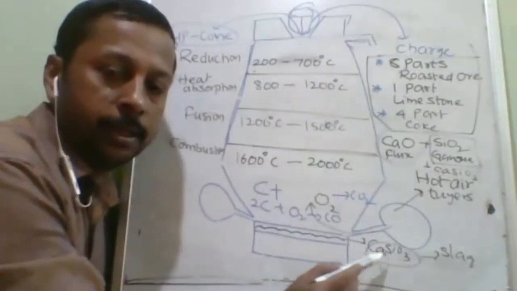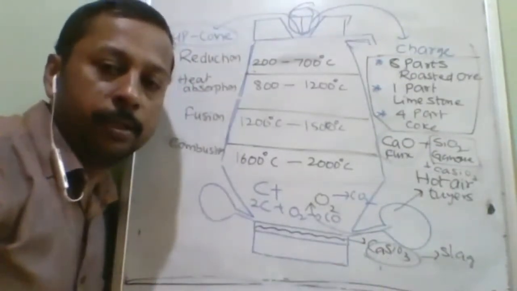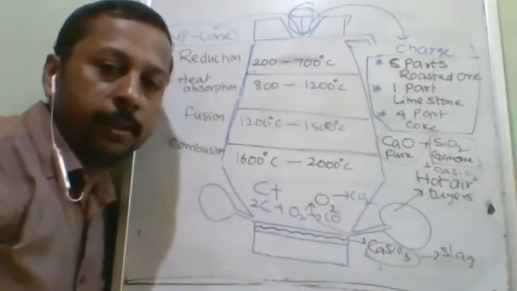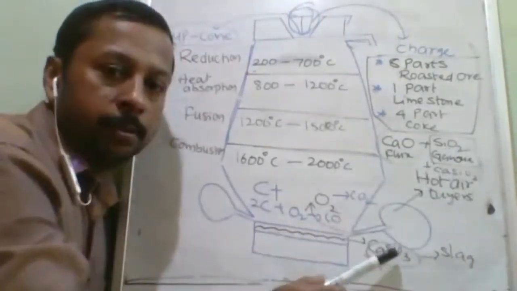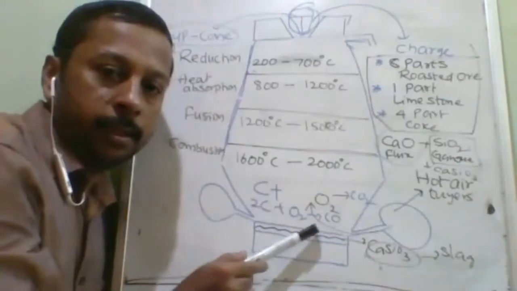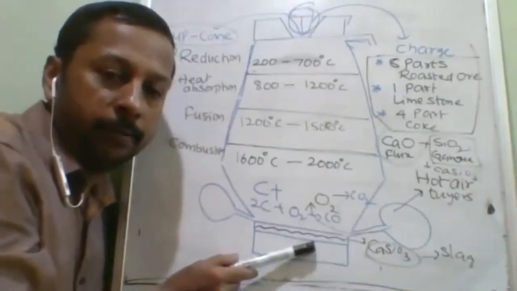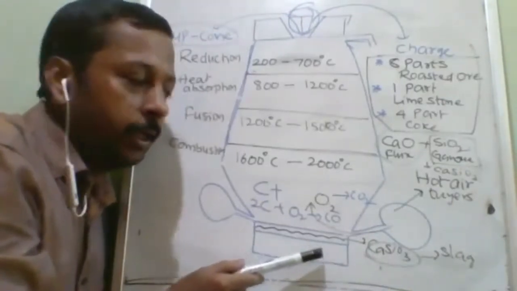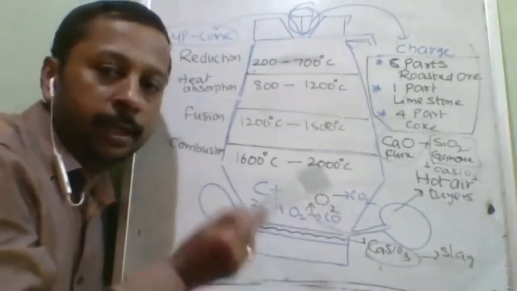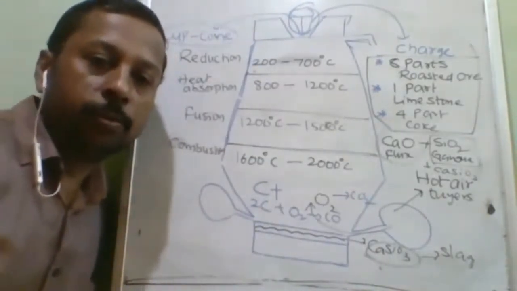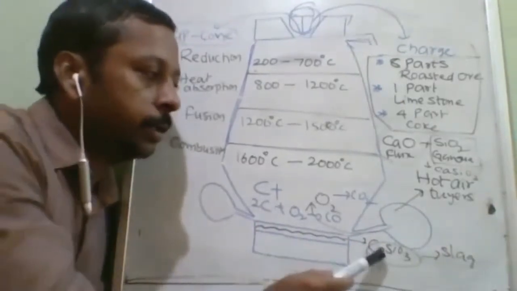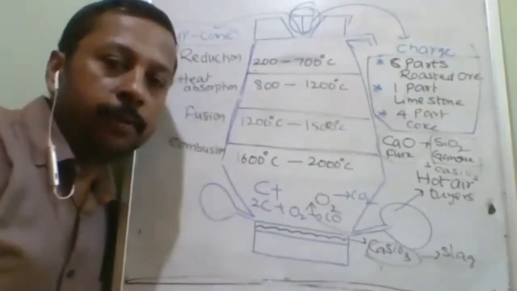This is how the generation of CaSiO3 is done. First thing, it will remove the impurities. So it will protect the molten iron we prepared. Before collecting, sometimes it may react again and convert back to Fe2O3 or Fe3O4. So that is avoided by the slag, and it can be used in fertilizers.